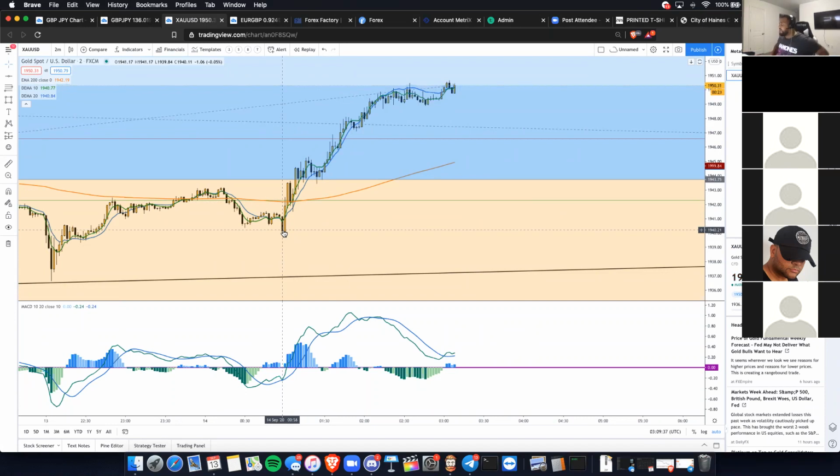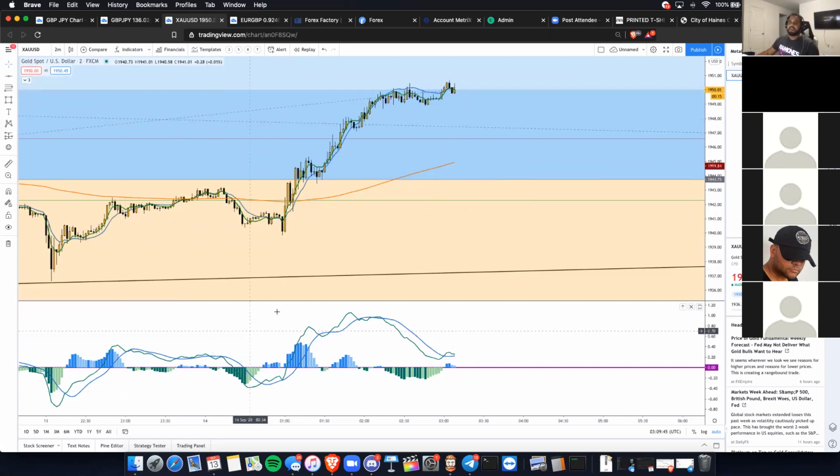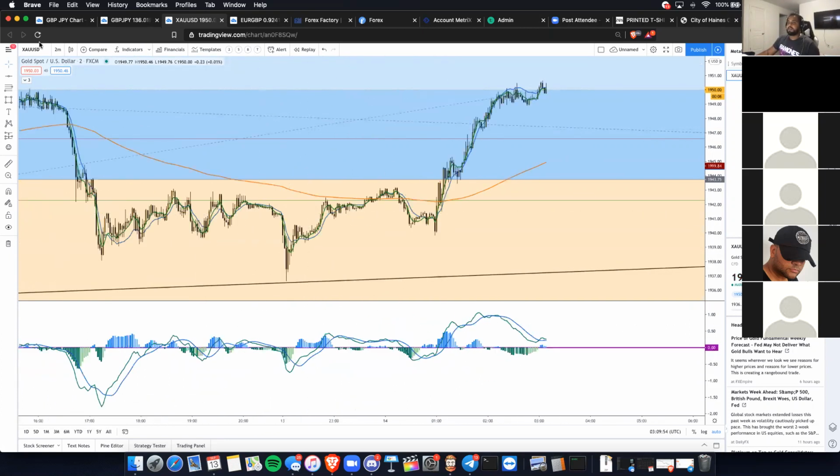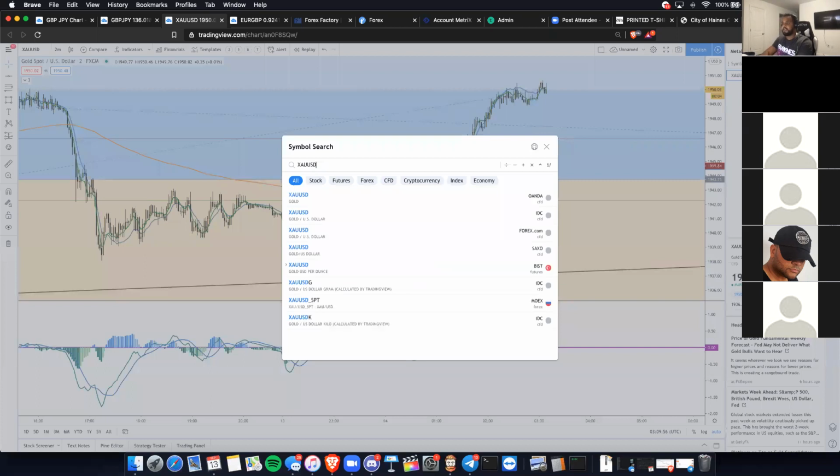One of the things to add to what Evelio taught me using the MACD and the moving averages, I never really knew how to use the MACD other than when they cross above or below. But he's actually giving me perspective, and this is where let's pull up gold on a blank chart.